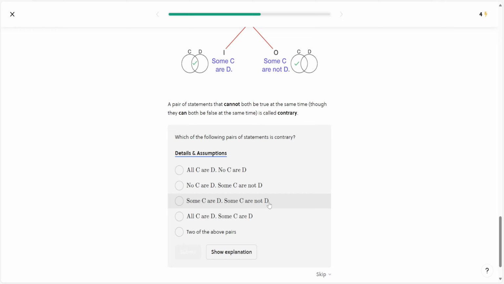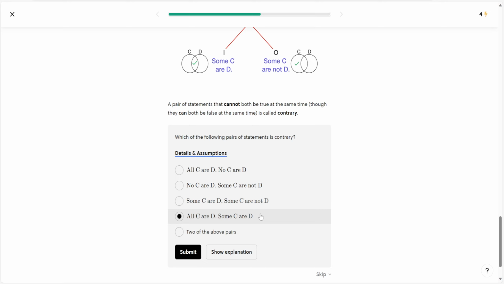Hmm. All C are D, some C are D. That's weird. All C are D, so some C are D is obvious.